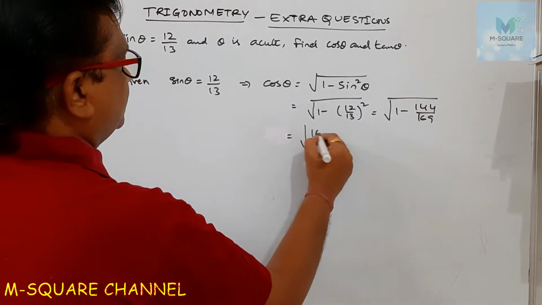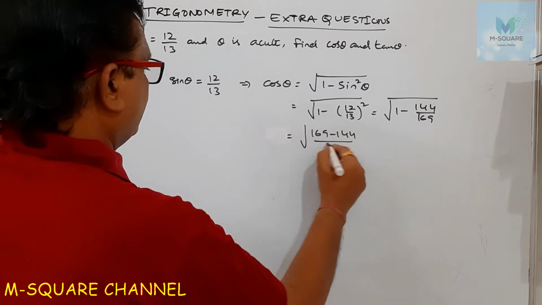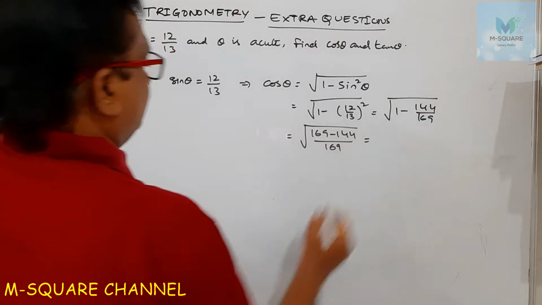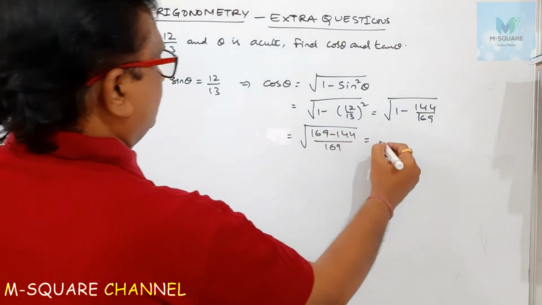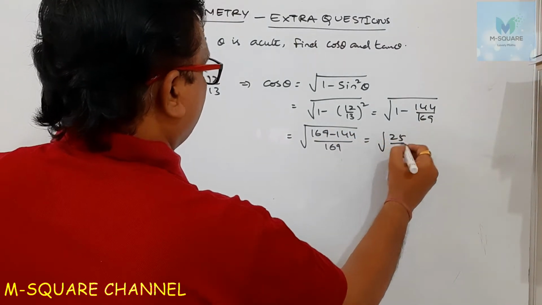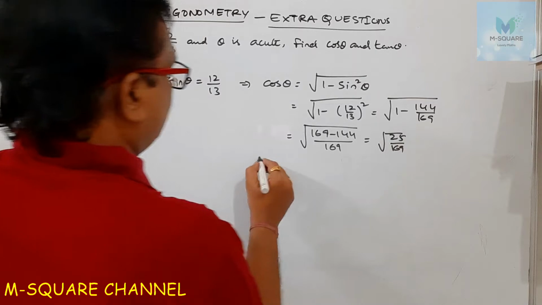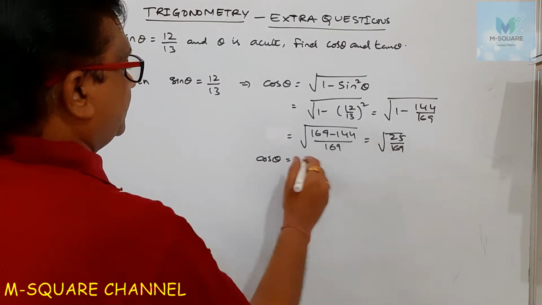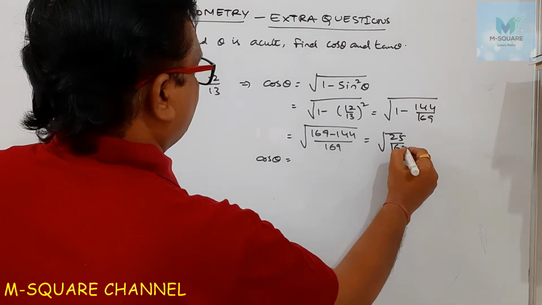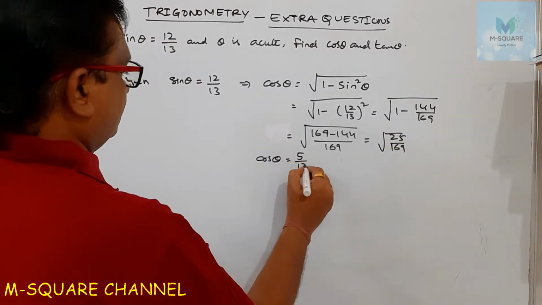So 169 minus 144 by 169, which is root of 25 by 169. So cos theta equals 5 by 13.